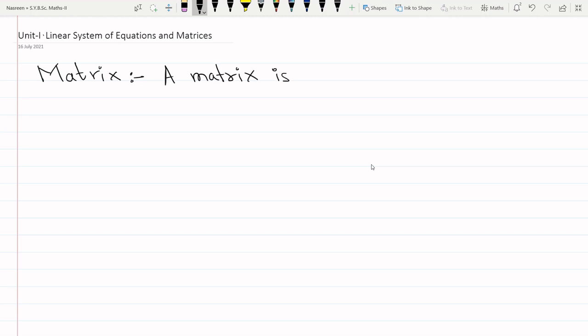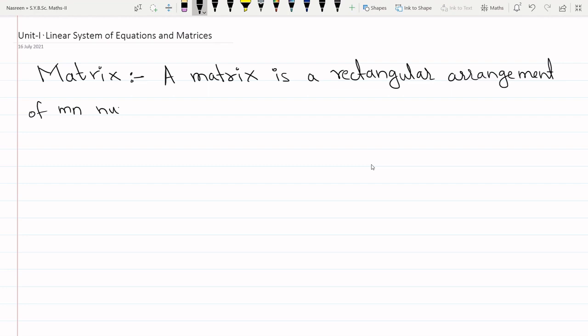A matrix is a rectangular arrangement of m into n numbers, written in m rows and n columns.